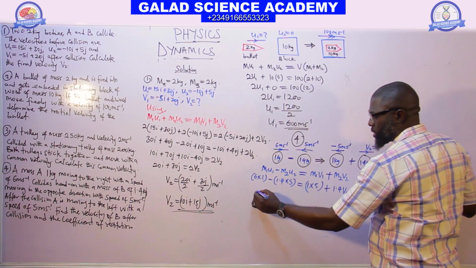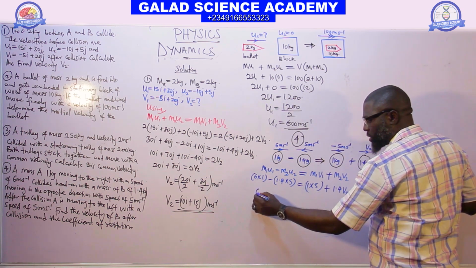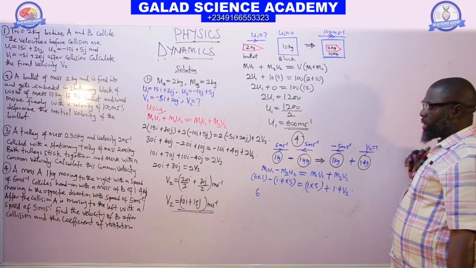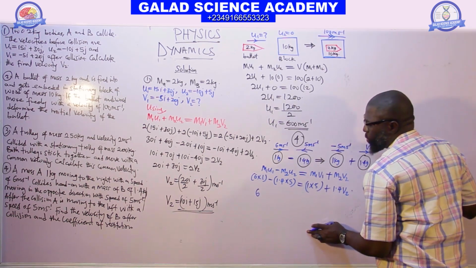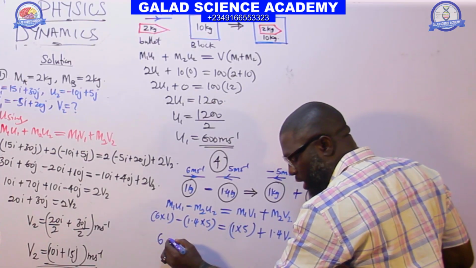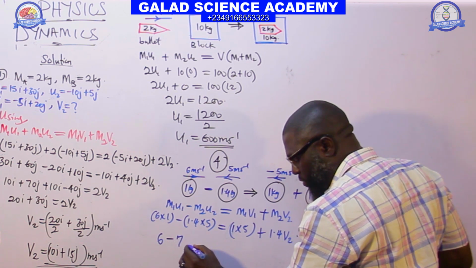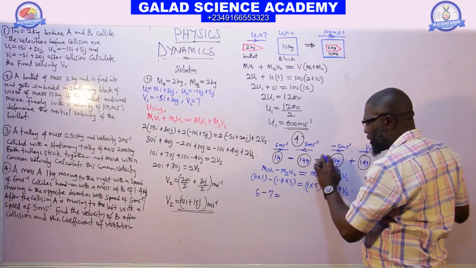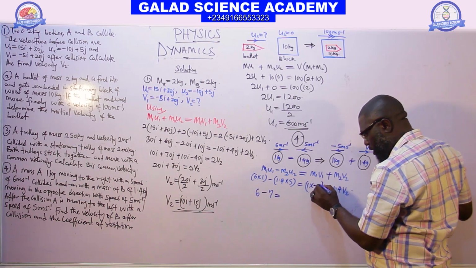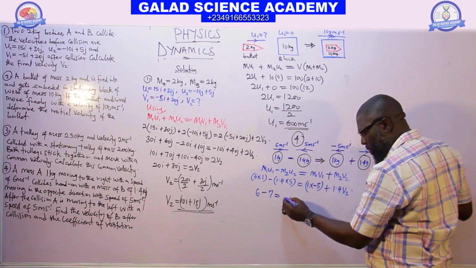So 6 here. Wow, there is a mistake here. Since there's this 6, here we have minus 7. Here, this one too is minus 5 now. It's a mistake. Minus 5.